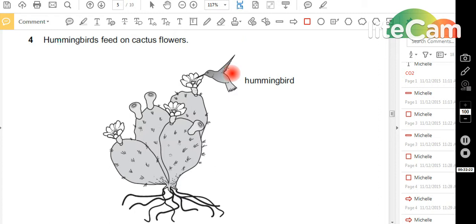Do you know what hover is? Yes. Okay, so hover is like what a helicopter can do. So they can be in the air but standing in one place basically. Hummingbirds flap their wings very, very fast and they have the ability to hover right in front of that flower and not have to sit down like other birds.